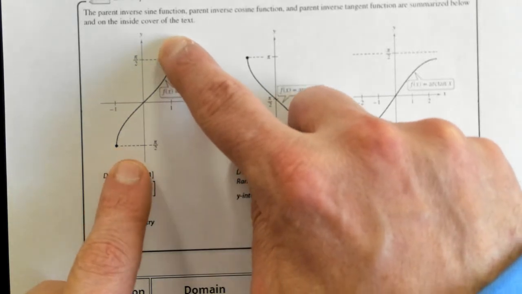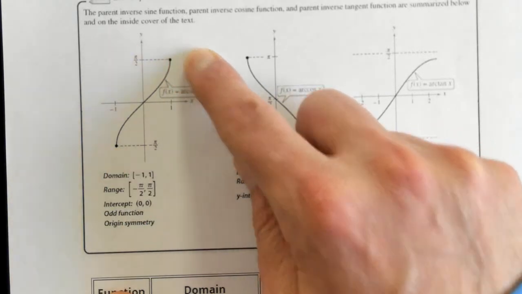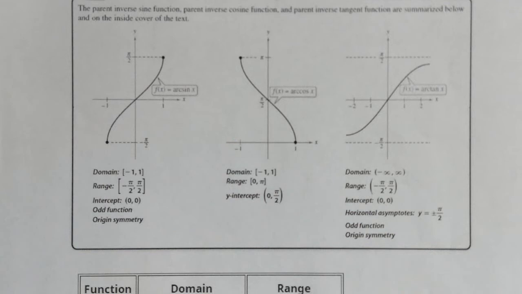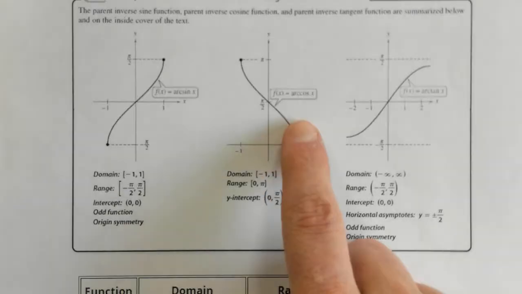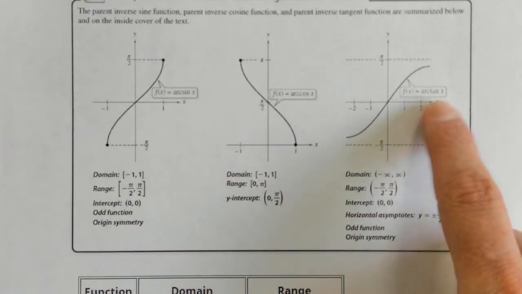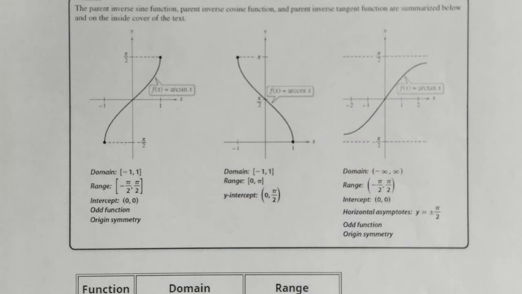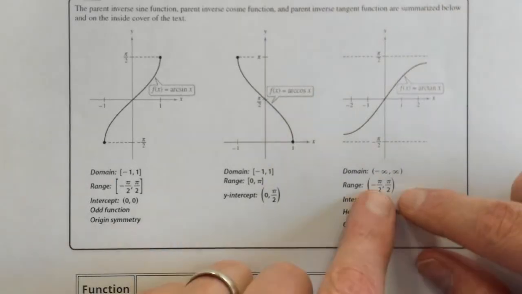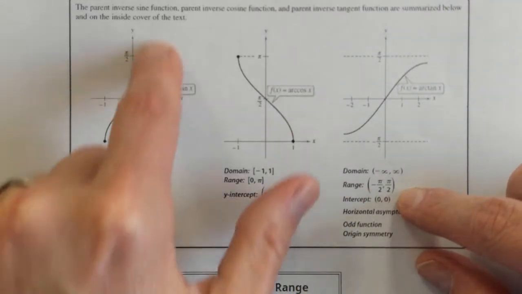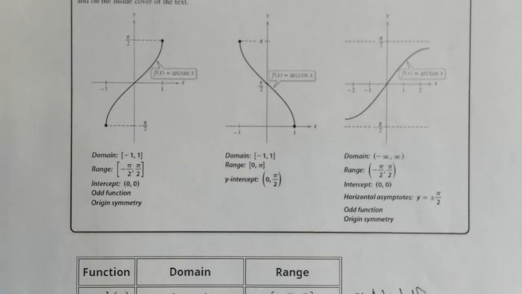Otherwise, it'll double back over itself, fail the vertical line test, and no longer be a function. Likewise, the same idea happens when you are looking at cosine and arctangent. Again, the range has to be restricted only to the values that would yield a function. So that's why they are restrictive.